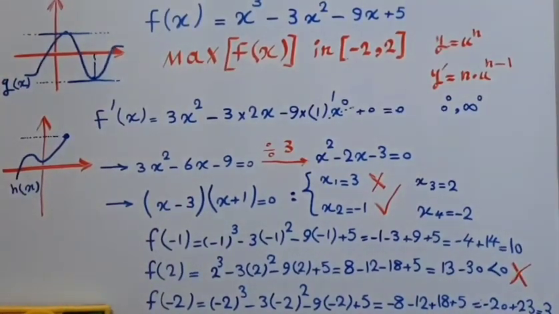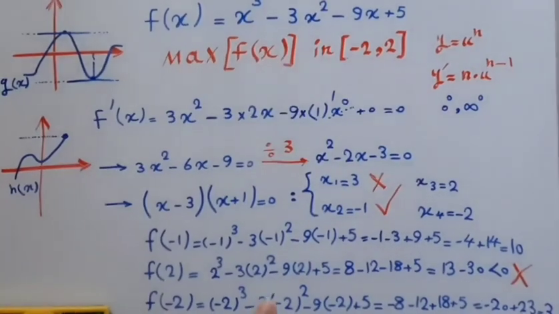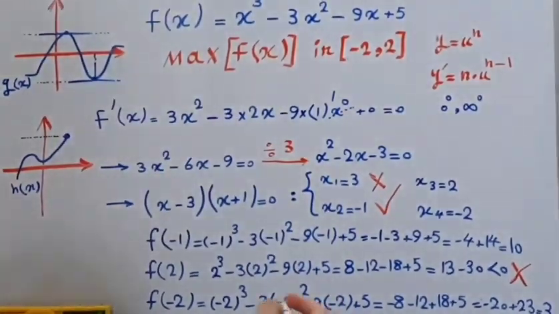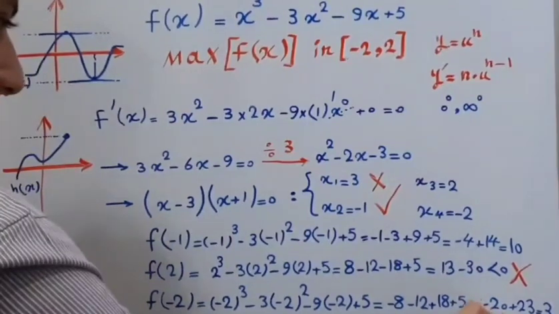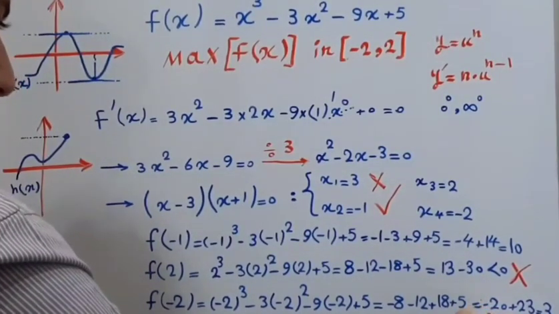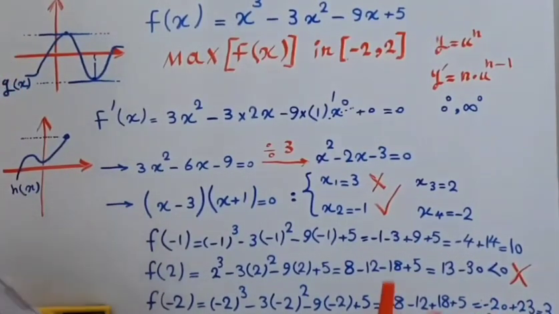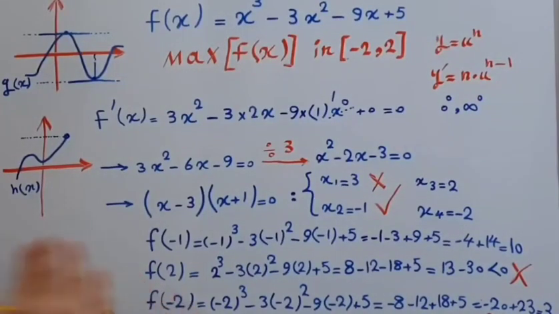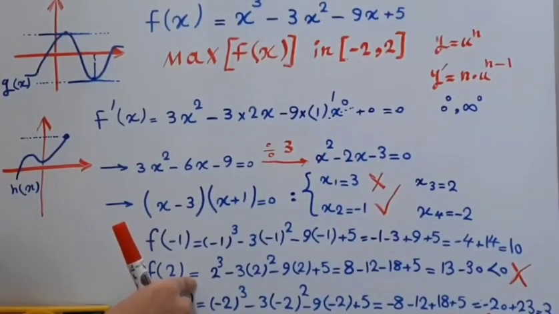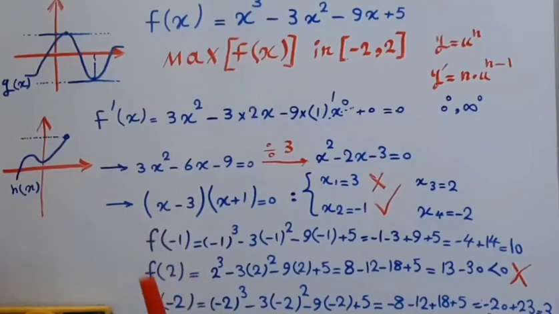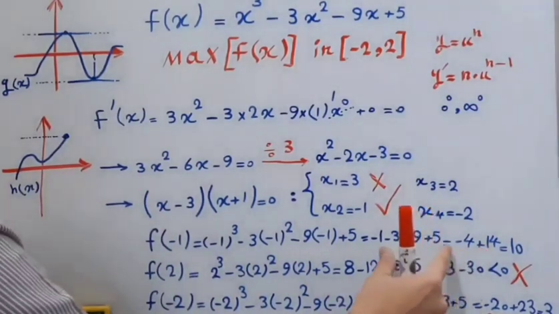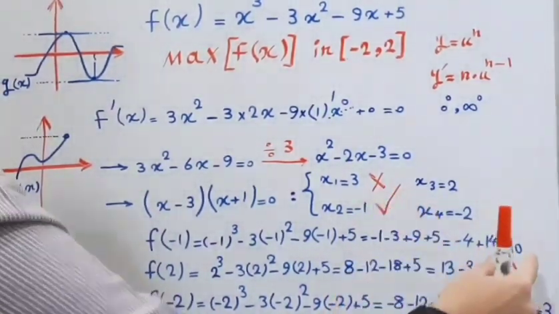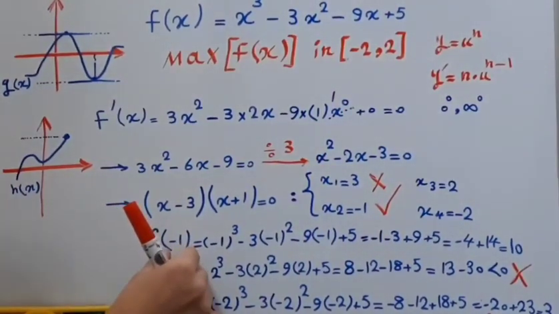Okay, actually again 10 is bigger than 3, so this guy is not acceptable too, and this actually minus 2 is not acceptable, this 2 is not acceptable too, and the acceptable part is 10, that is f of minus 1.